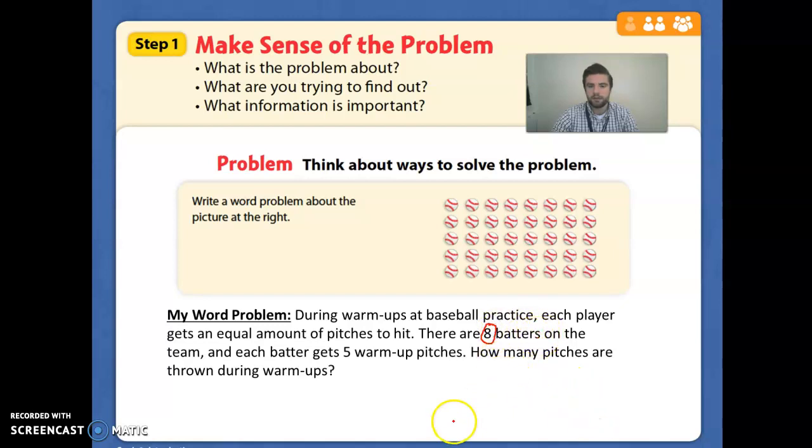Probably a good idea for you to do that too. And each batter gets 5 warm-up pitches. How many pitches are thrown during warm-ups? And really what it should say at the end of this is how many pitches are thrown total if we have 8 batters and each batter gets 5 pitches thrown to them. Let's go to the next slide where we can start solving this problem.